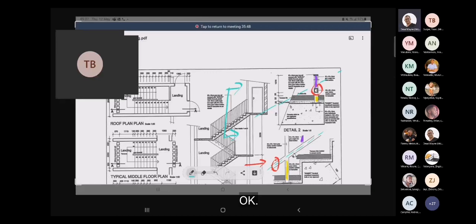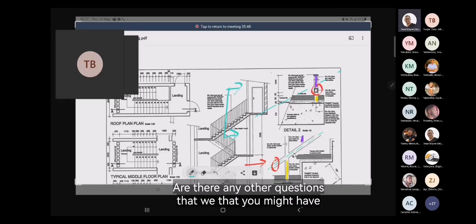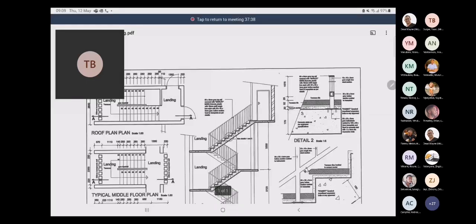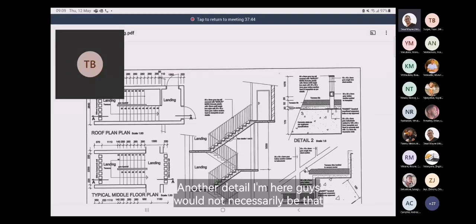Okay. Are there any other questions that we might have before we get into this? A lot of the detail on here, guys, would not necessarily be that clear for you to see.